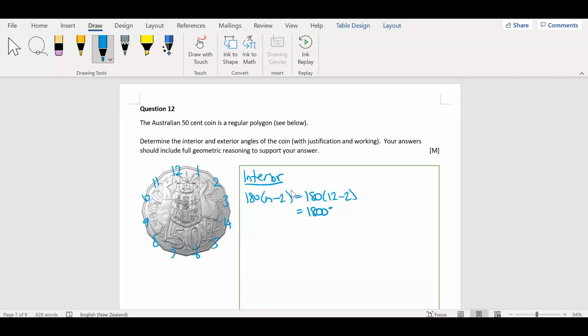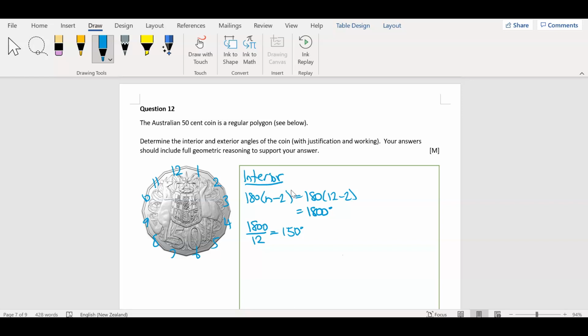What we need to do is divide that 1800 degrees equally between the 12 angles, because they're all going to be exactly the same. I've got my calculator with me: 1800 divided by 12 gets me to 150 degrees. Hopefully you got the same there, 150 degrees.